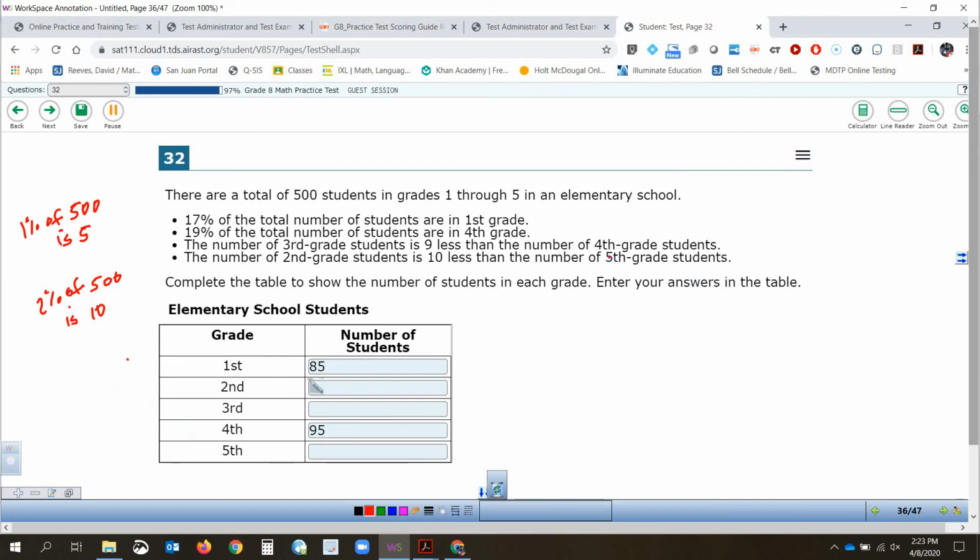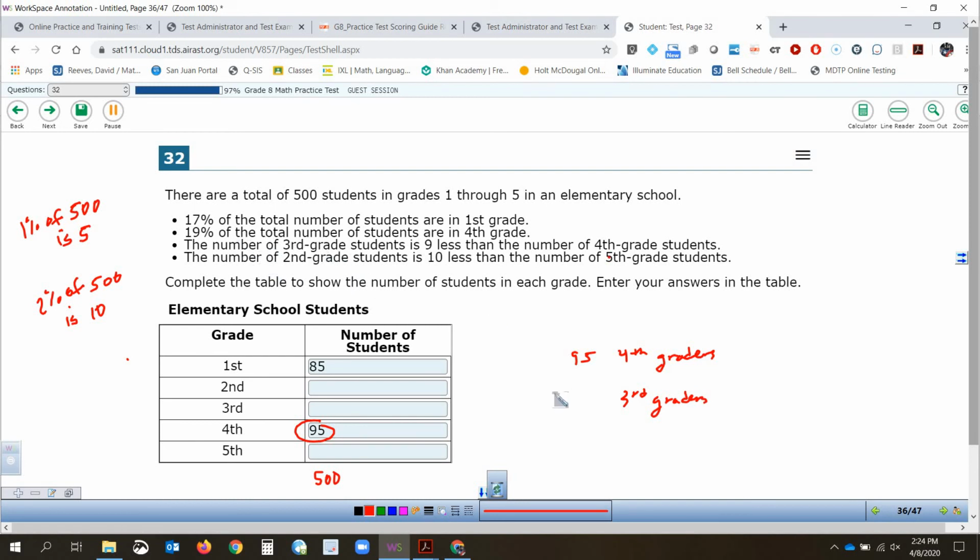Okay, so we now know that there are 85 first graders, there are 95 fourth graders, and we still know that this total is what? 500, right? Okay, the number of third grade students is 9 less than the number of fourth grade students. Well, this is cool because we know how many fourth grade students there are, right? There are 95 fourth graders. And what does the statement say? Third graders is what?